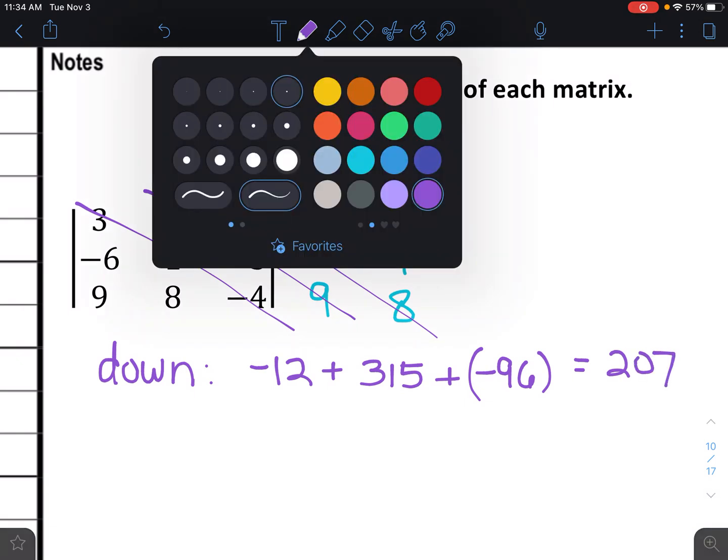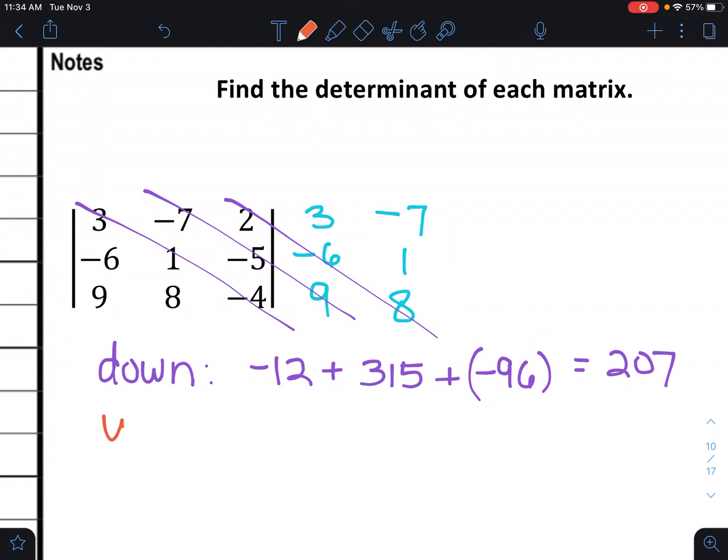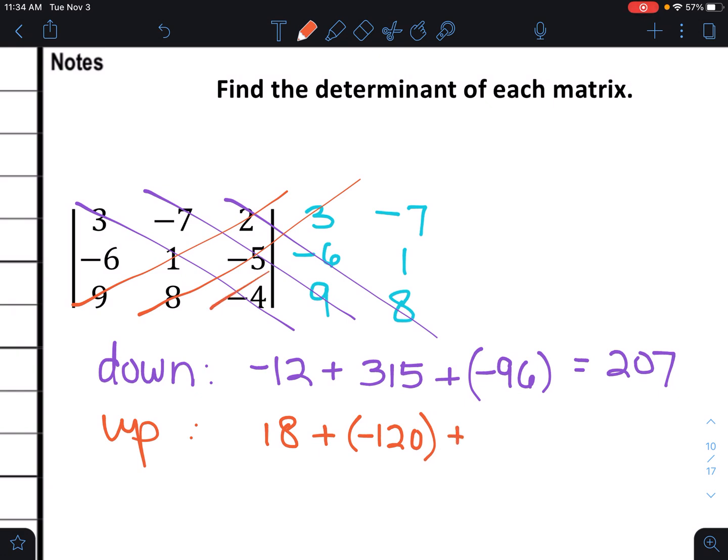Okay, let's do our up. So that's 18. We got negative 40 times 3 would be negative 120. And then these, so that would be 24 times negative 7, gives me negative 168.